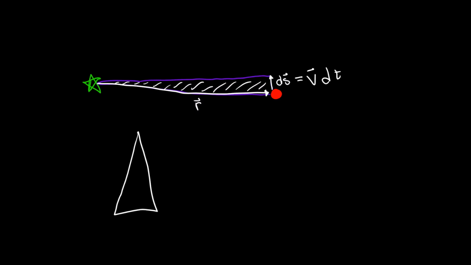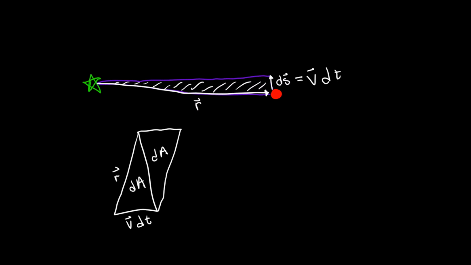Okay, so I'll just redraw this over here. This is going to be r, and this is going to be v dt. So how do we find an area? Well, if I double this triangle like this, dA, I know that the area of a parallelogram like this is given by the cross product of the vectors that make up the two sides.